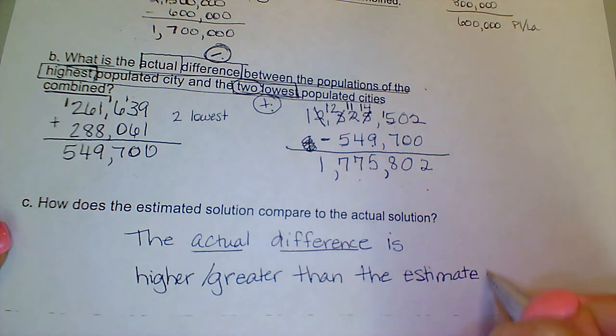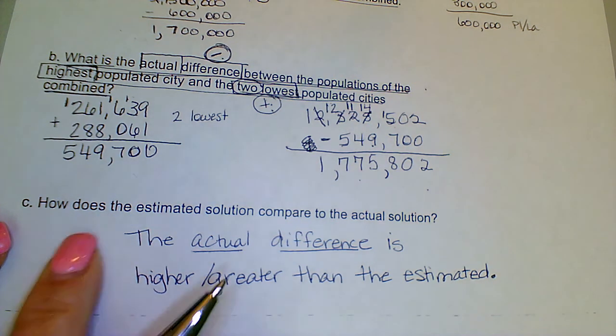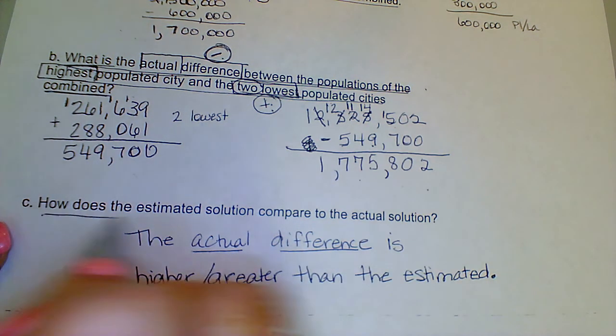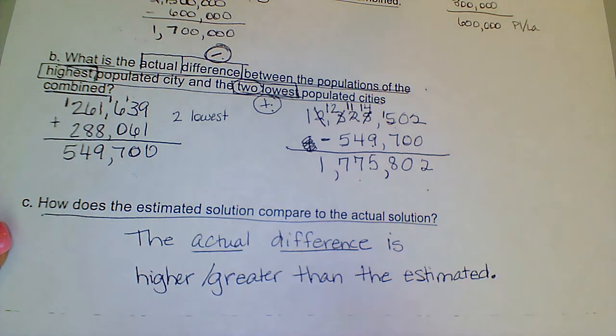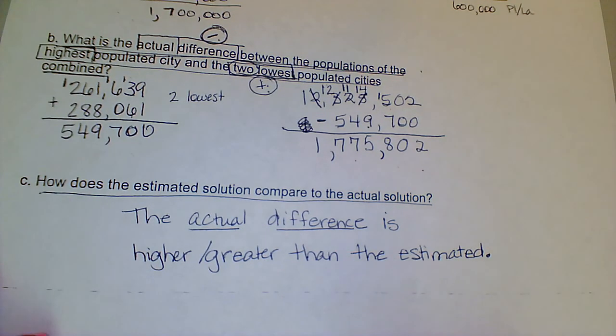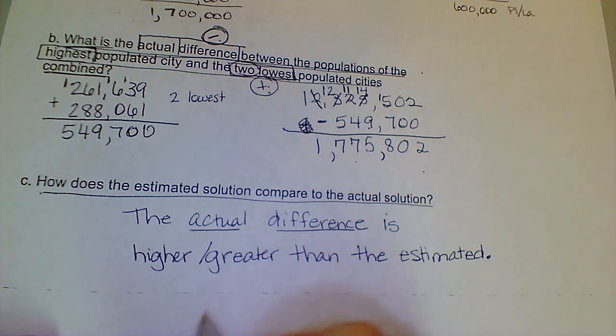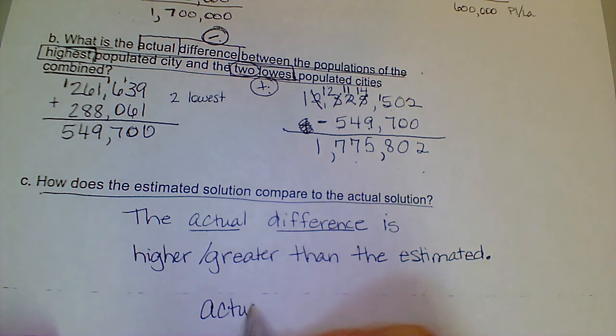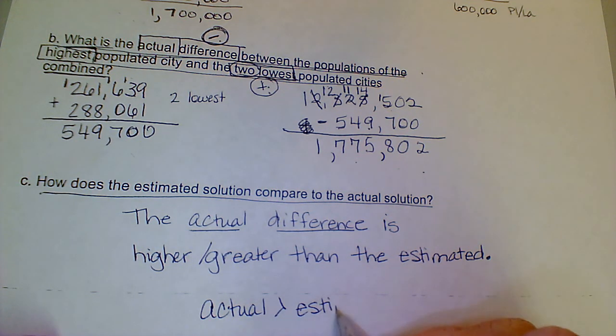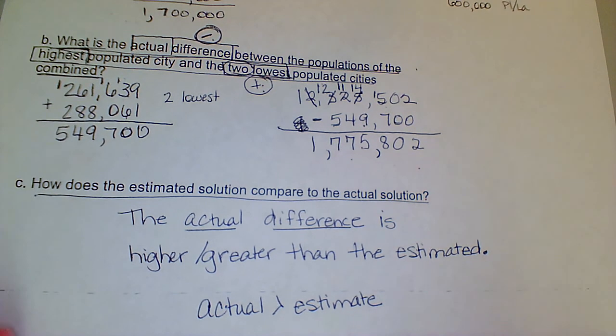So what I'm doing here is giving them the answer to the comparison. I can also compare: the actual is greater than the estimate. The actual difference is greater than the estimate.